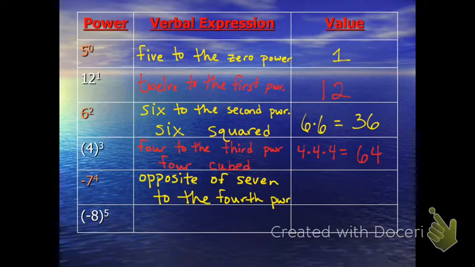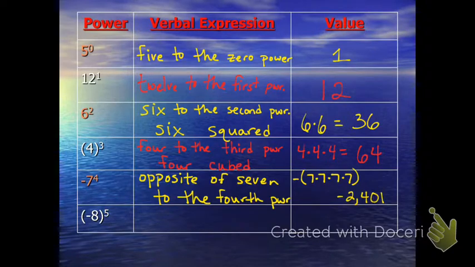The way you're going to do this one is you're going to put a negative sign and then parentheses, 7 times 7 times 7 times 7. Multiplying that would give you 2,401. But then that negative sign out in front, you're going to apply. So your answer is going to be negative 2,401.